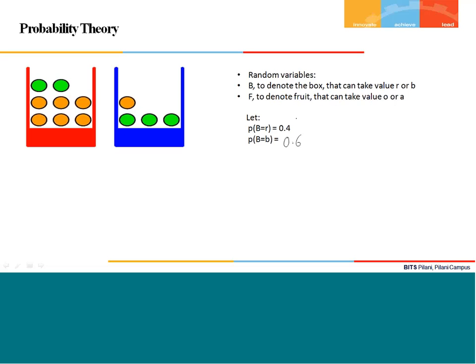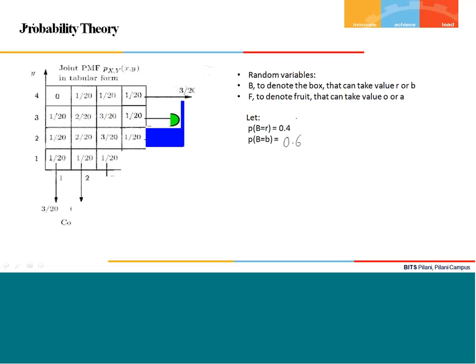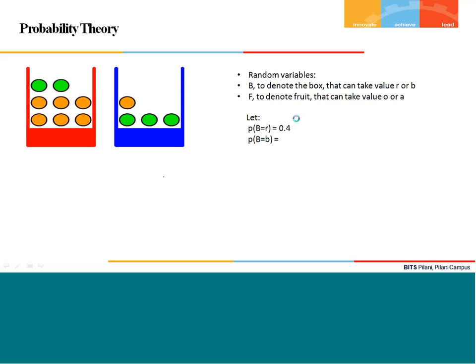There could be a number of reasons, so don't go into why it is so. Take it like this: the probability of assigning the red box to this random variable is 0.4 and blue is 0.6.